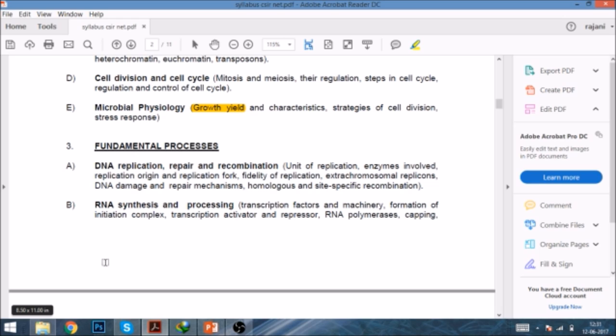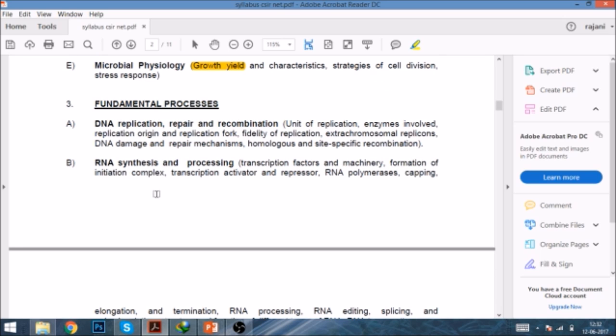You can go through your notes, or follow some videos on YouTube, and if you have notes, better revise through them: what the units of replication are, which enzymes are involved in replication, what the direction of replication is, which enzymes are involved in repair and recombination, and the different types of repair, and why a particular type of repair is there. This point should be clear in your mind.